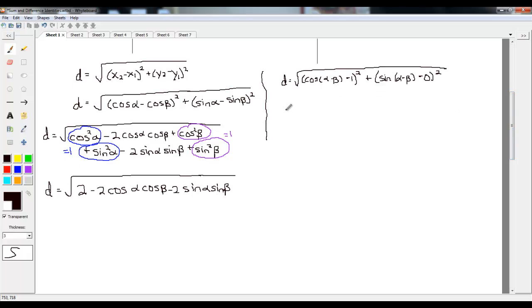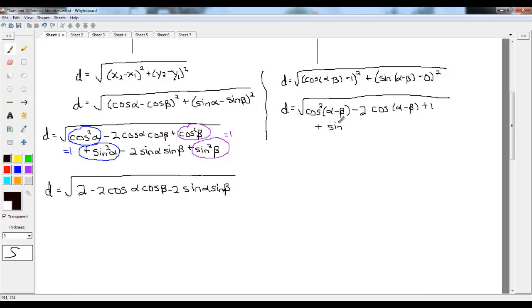So we do a little working out. Do the squaring here. You get cosine squared alpha minus beta minus 2 cosine of alpha minus beta plus 1 plus sine squared alpha minus beta. And then you get the minus 0, so you get zeros from there on. The sine squared alpha minus beta plus cosine squared alpha minus beta equals 1.